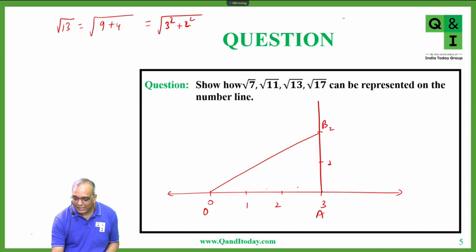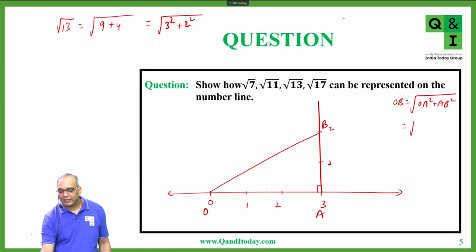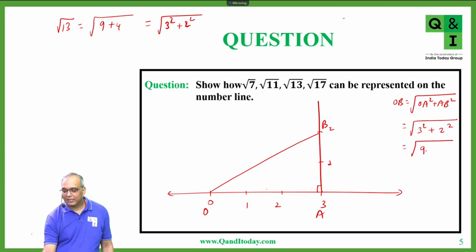So we know that this is a right angle triangle and OB is equal to root under OA square plus AB square. So here it is root under 3 square plus 2 square, right? So this is root under 9 plus 4, which is root 13.